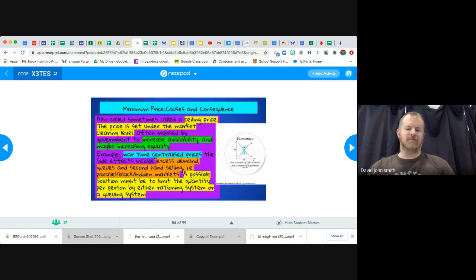Often it is imposed by a government. They're trying to maybe make the good more affordable. They want more people to have access to it, so it might be a necessity. We did this in New Zealand, believe it or not. We had maximum prices for bread and milk, because they were considered to be necessities.